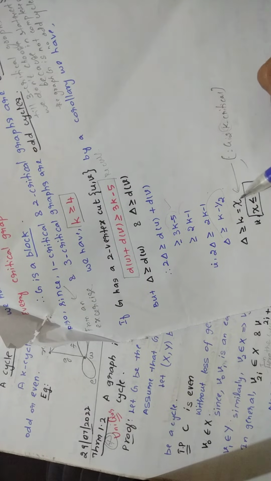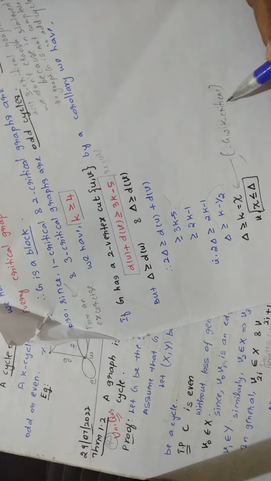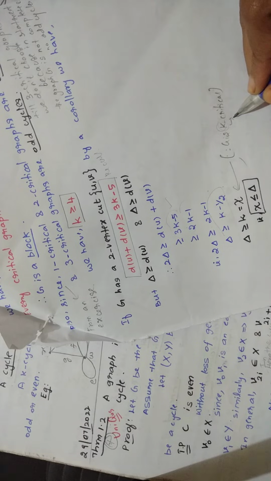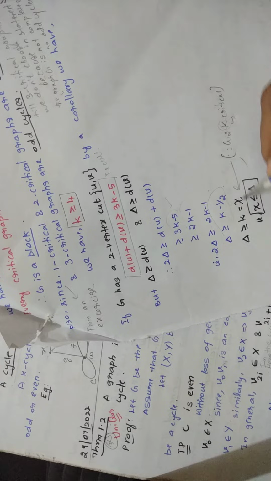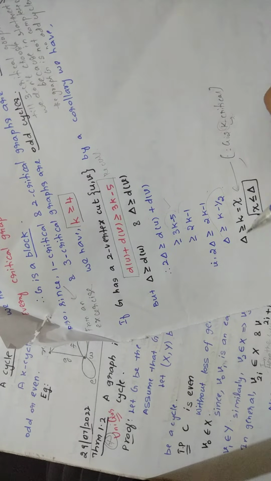K will be equal to chi. The reason is because G is k critical. K critical means what? K means the minimum number of colors used, which can be denoted as chi.